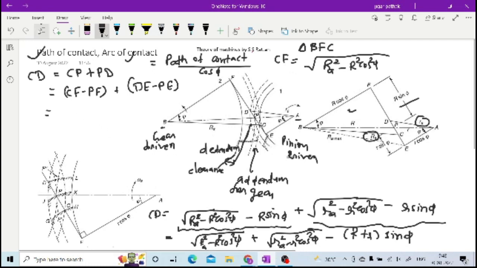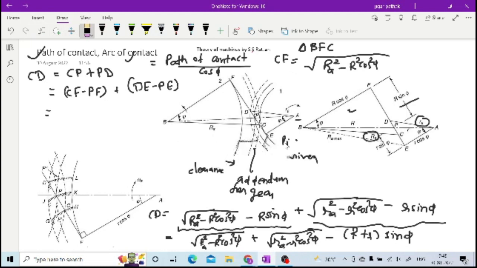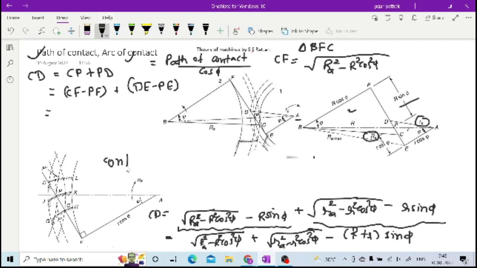Now, apart from this, one more important terminology that I am going to mention is the contact ratio. As I have told you, you have to have an idea of how many teeth are in contact at a particular point of time. That is your contact ratio, or number of teeth in contact.